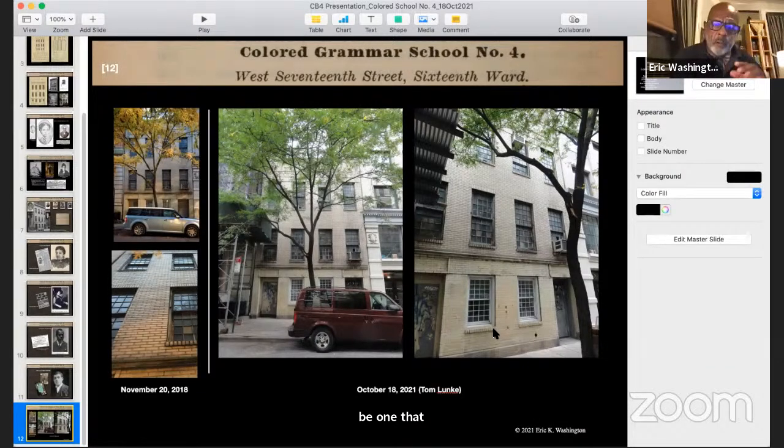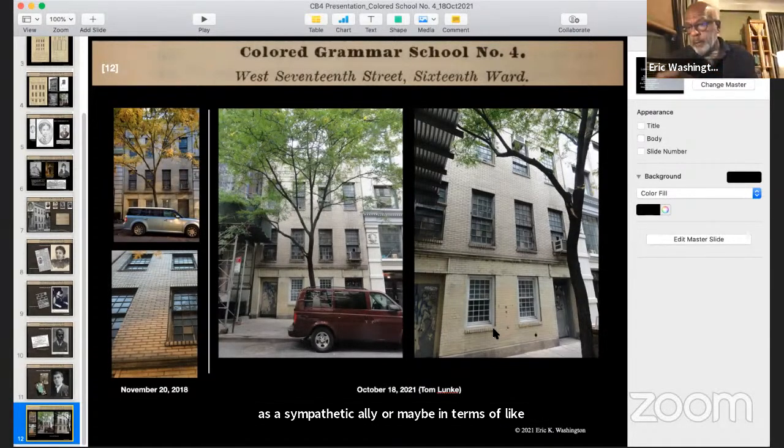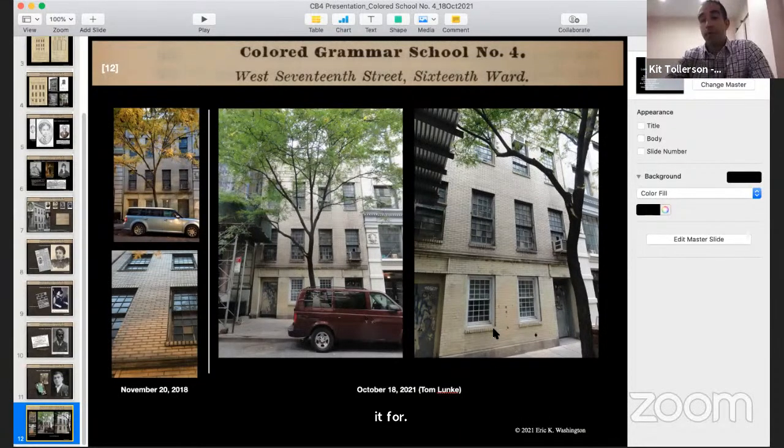Let me just add, do you mean as a sympathetic ally, or maybe in terms of annexing it as a part of the museum? Both. For the annexing, I have no idea what their financial situation is and what their appetite for that might be. But I do know that at some point they were talking about an annex or a second site.